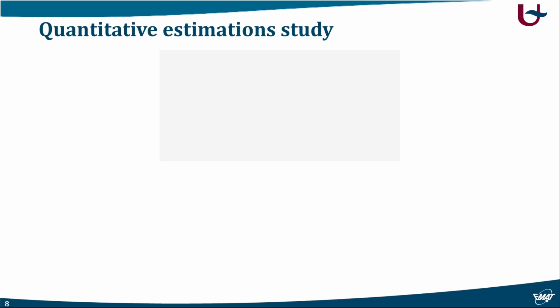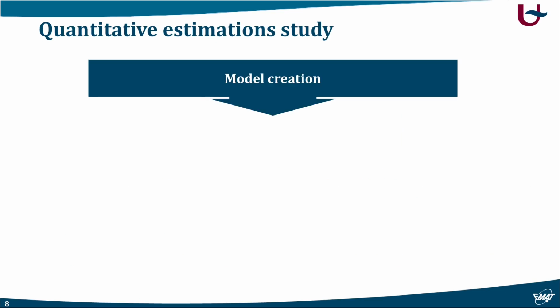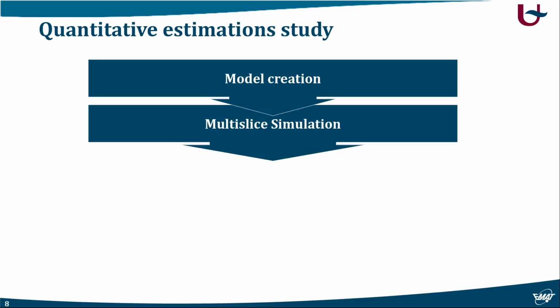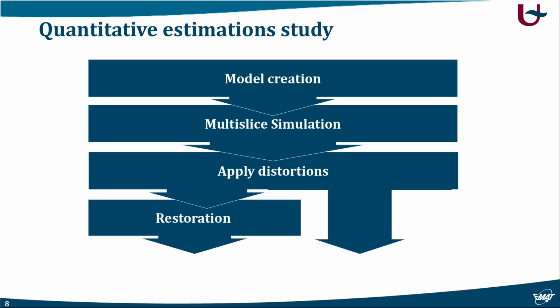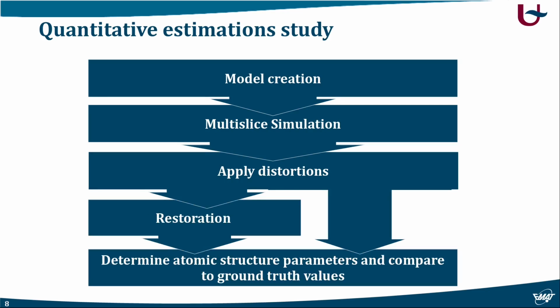So the study is as follows. We'd start off by creating different models, then run a full multi-slice simulation, apply these model distortions, restore the images, and then determine atomic structures on both the raw images and the restored ones and compare them to ground truth values.